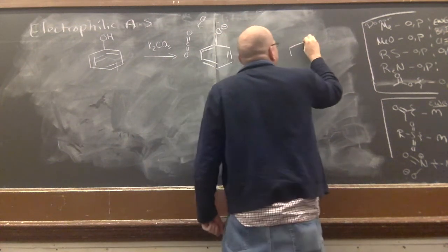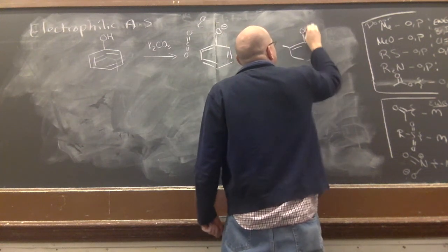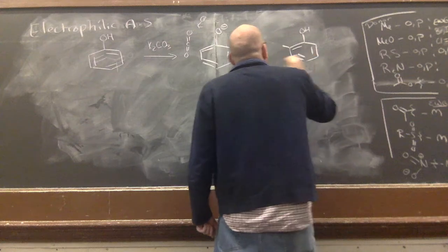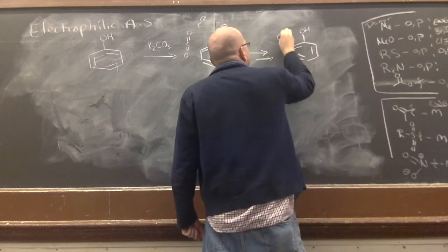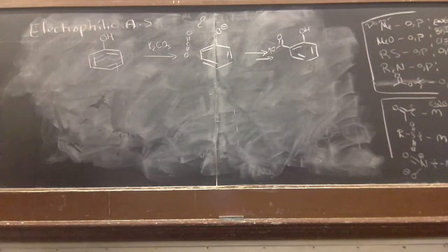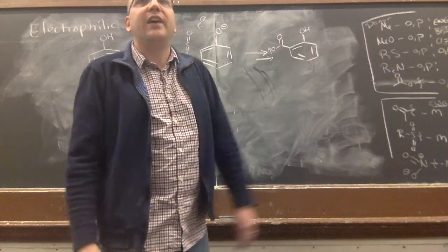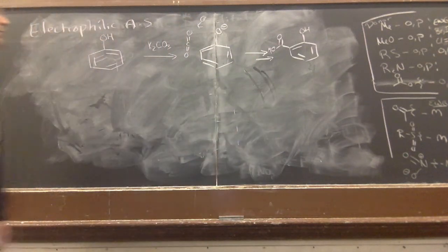But you get pretty high yield after the workup. We get pretty clean conversion to that molecule there, and that's salicylic acid, right? Basically the precursor to aspirin and other things. So this is done on an industrial scale and so forth. But this kind of stuff can sometimes work for other electrophiles as well.